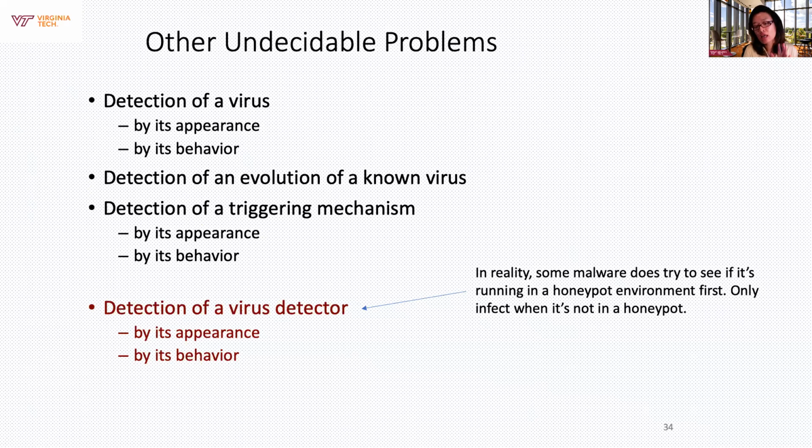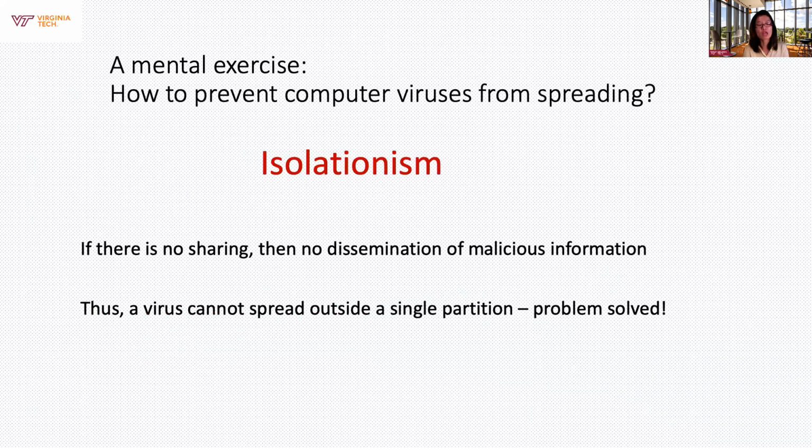So that's good for defenders, bad for attackers. And so everyone can adapt. Anyone can have adaptive behaviors. It's just what the undecidability says.